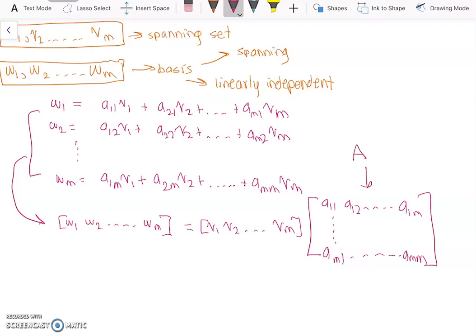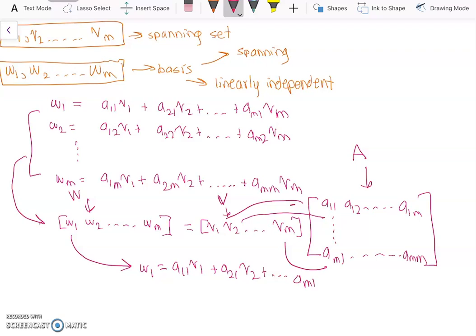This is matrix A. We'll call the row of w's matrix W and the row of v's matrix V. To see how this works, as an example, the entry W1 is, doing matrix multiplication, A11 V1 plus A21 V2 plus dot dot dot up to Am1 Vm. That's just an example of how we convert these equations into this matrix equation.